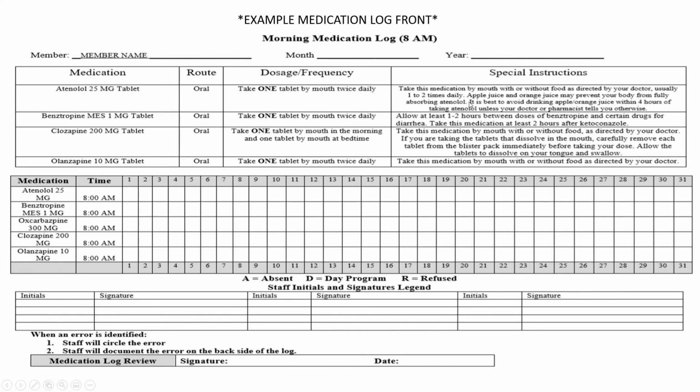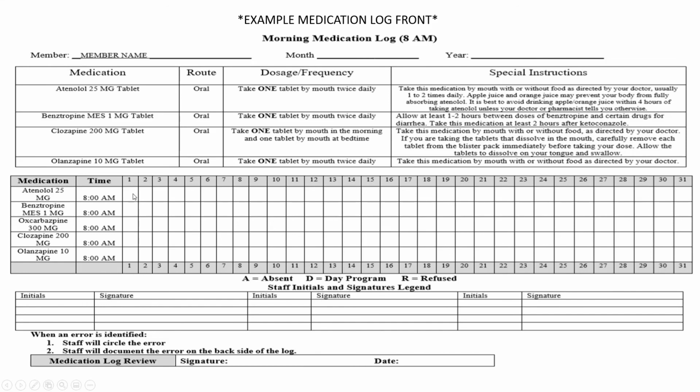And then special instructions too. It looks like it's best to avoid drinking apple or orange juice within 4 hours of taking this medication, unless your doctor or pharmacist tells you otherwise. Again, it's very, very important to look at these special instructions whenever you give any medications.